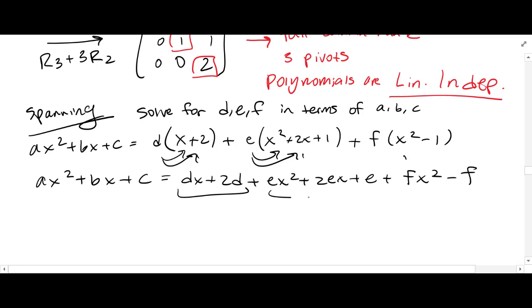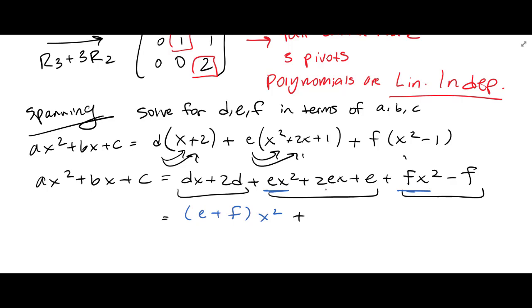We can combine the x squared terms. The x squared terms are here and here. So that's e plus f times x squared, plus linear terms are here and here. So that's 2e plus d times x. And then constant terms are here and here and here. So that's 2d minus f plus e.